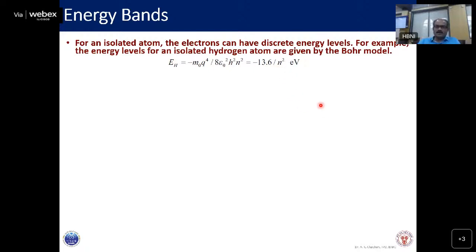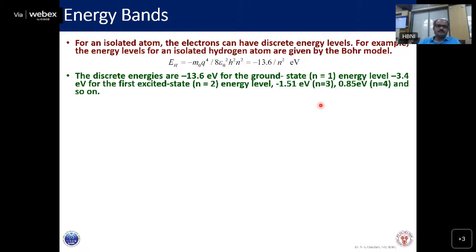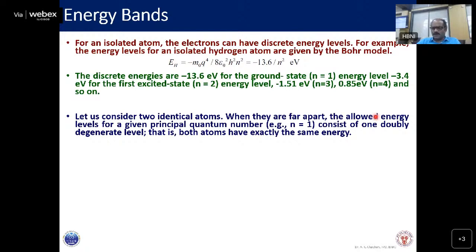This way it can have discrete energy levels: for n equal to 1, 13.6; for n equal to 2, 3.4; for n equal to 3, 1.51, and so on. Only this kind of discrete levels are possible.